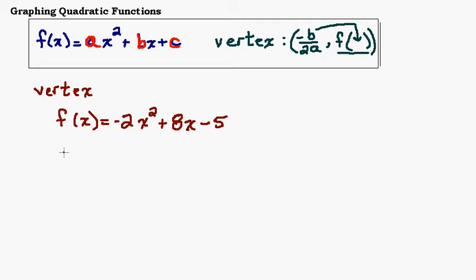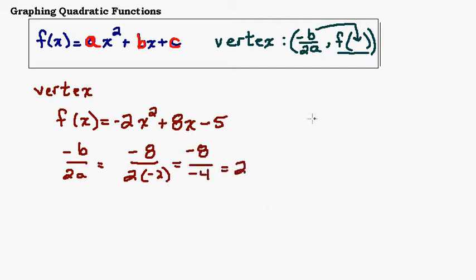Okay, to find the vertex, we're going to first find the x value of the vertex using opposite of b over 2a. My b value is 8, so the opposite would be negative 8, over 2 times a. My a value is negative 2. So I have negative 8 over negative 4, which is a positive 2. That is the x value of my vertex. Now I have to find the y value, and to do that, I'm going to plug 2 back into my function.